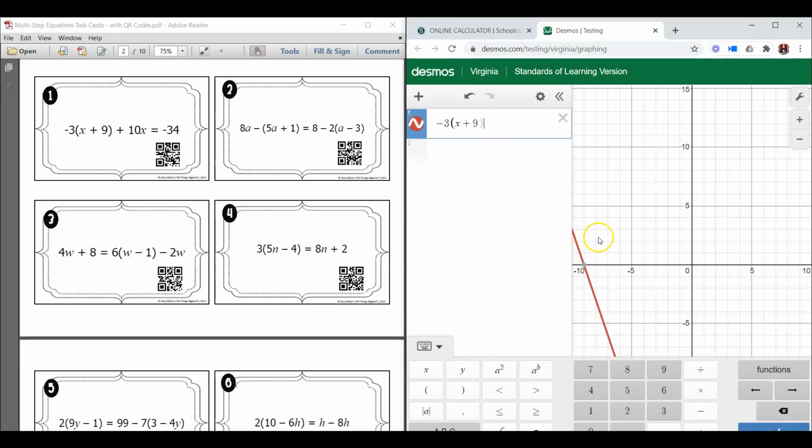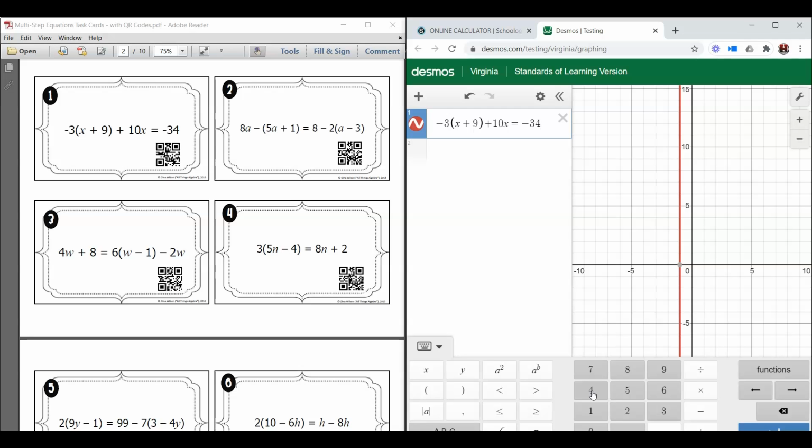Then get outside the parentheses and put plus 10x. And that's equal to -34. You can also use your computer keyboard to type these in, of course, but you can also click on the screen, whichever is easiest for you.